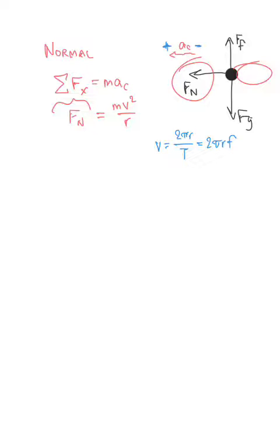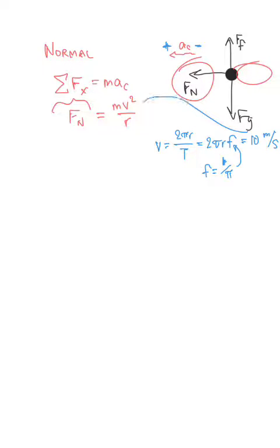The frequency is the number of revolutions per second, which it says in this problem the frequency is 1 over pi revolutions per second, which seems like kind of an unusual number until you realize that whenever they give you things like that, they're usually trying to make your math easier, because if you plug the 1 over pi in for the f right here, the pi's will end up canceling out, and you just get v is equal to 2 times r, where the radius is 5, so the v, the speed of the riders, just ends up being a simple 10 meters per second.